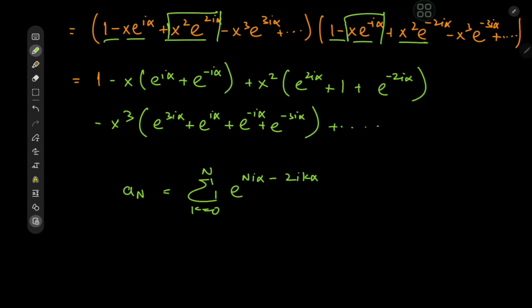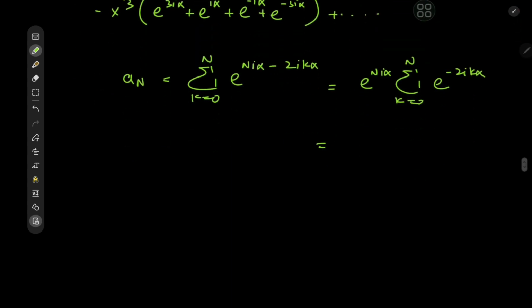And this is quite beautiful because we see that the first exponential function is in fact independent of the index variable k. So we have e to the ni alpha times the sum over k from 0 to n of e to the negative 2ik alpha, which is wonderful because this is another geometric series.